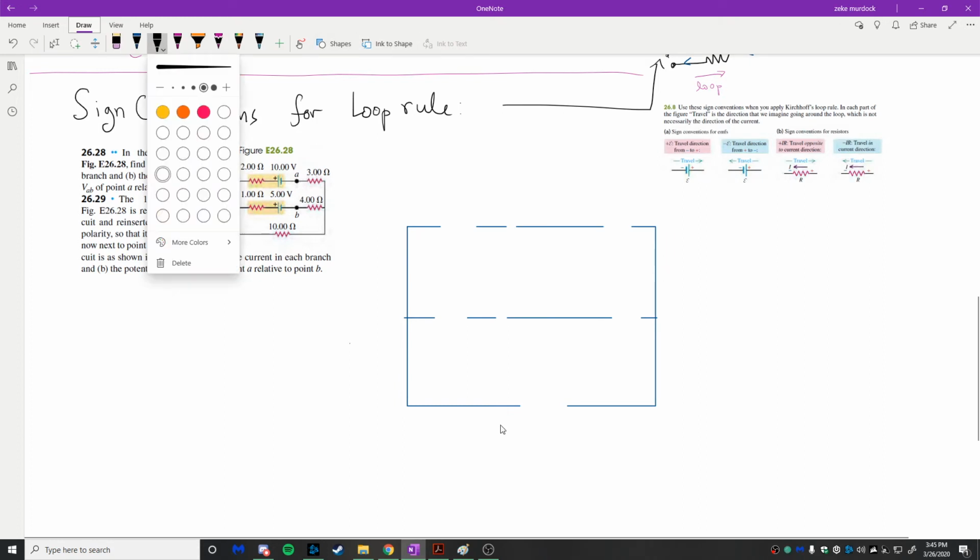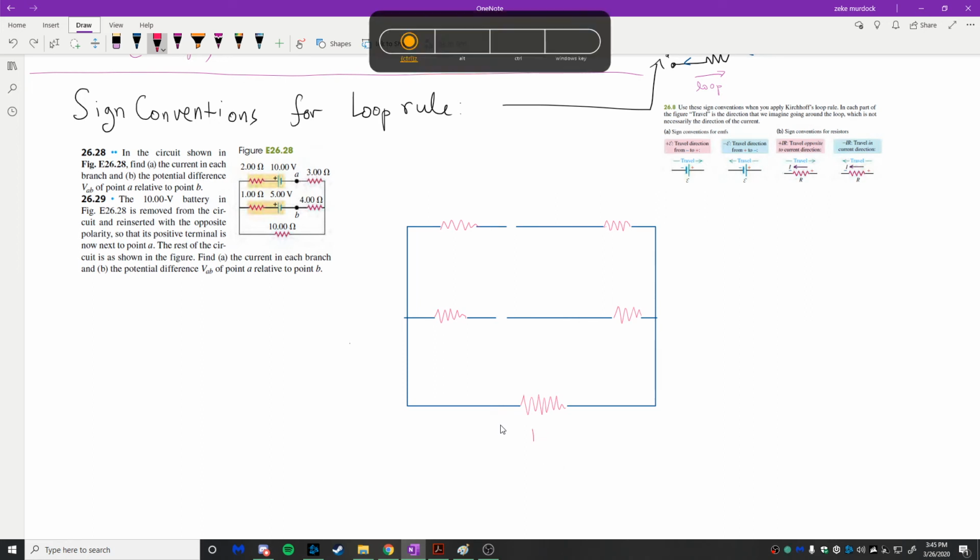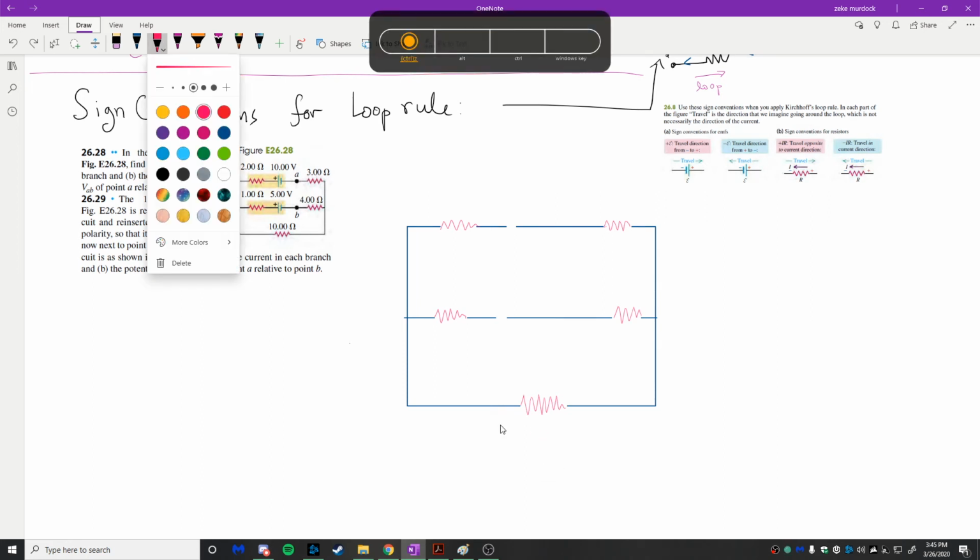So our resistors here are one here, another one here, and we know the values. This one is 10. Gotta write with a little bit thicker pen for that part.